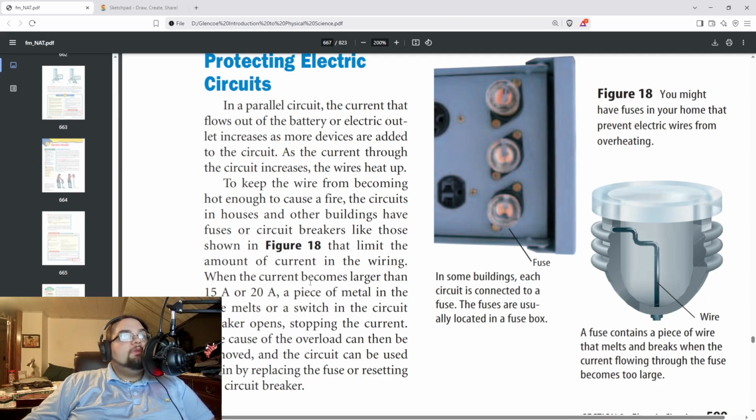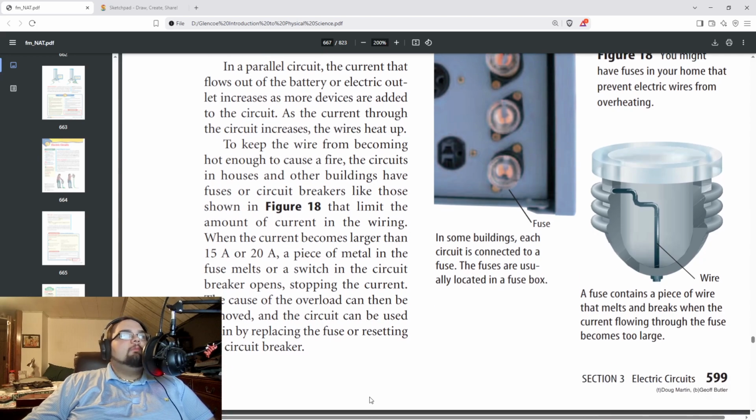When the current becomes larger than 15 amps or 20 amps, a piece of metal in the fuse melts or the switch in the circuit breaker opens, stopping the current. The cause of the overload can then be removed and the circuit can be used again by replacing the fuse or resetting the circuit breaker.